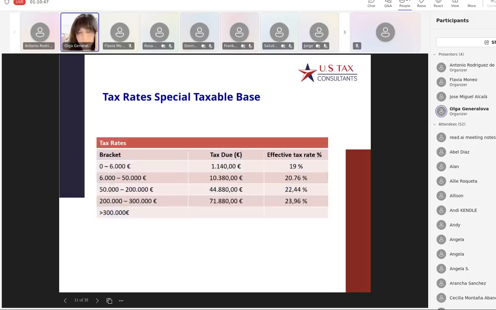And keep in mind that the exact rates vary depending on your region. And from a tax point of view, Valencia is one of the more expensive regions in Spain.